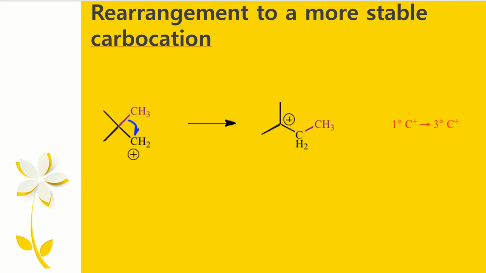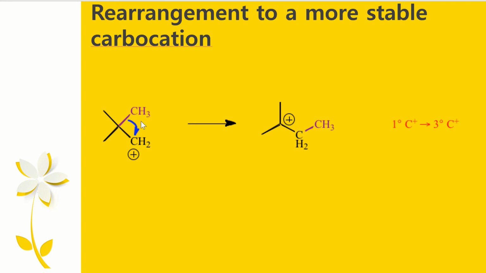All right, so what are we seeing here? Well, if you guessed 1,2 methyl shift, then that would have been accurate. So here we have a primary carbocation again, right? And so the methyl can move to the adjacent carbon, and therefore a carbocation would be generated here, which is now a tertiary carbocation.